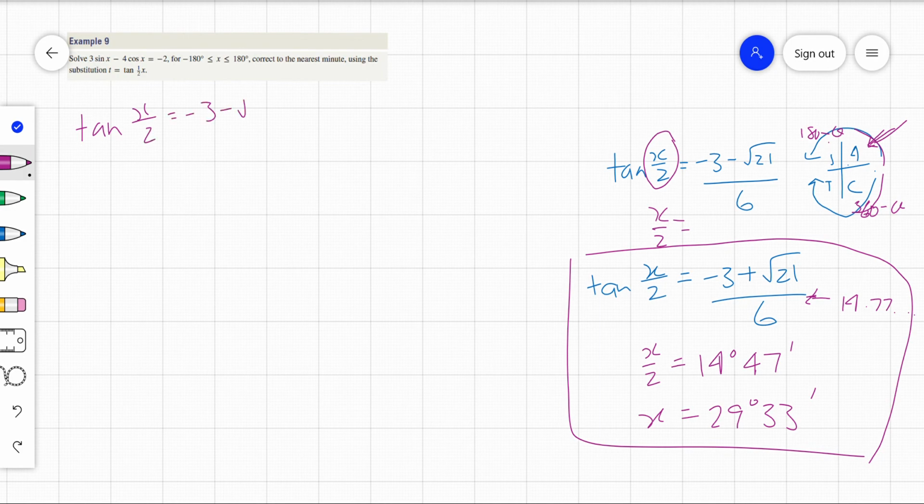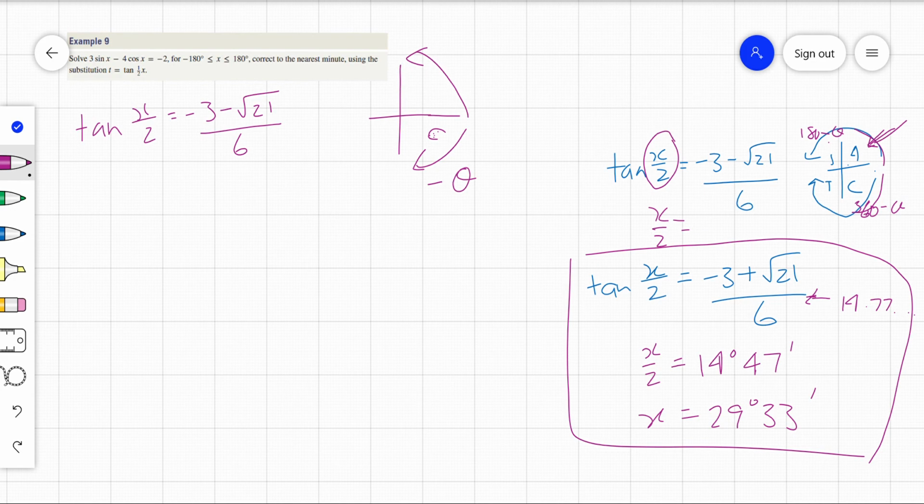I know it's going to be a negative answer. So when I'm looking in these quadrants, 0 to 90 and 0 to minus 90, I want it to be negative, which is this C quadrant here. Now, if I'm going negatives, this is just going to be the negative of my acute angle, right? Negative of the acute angle.